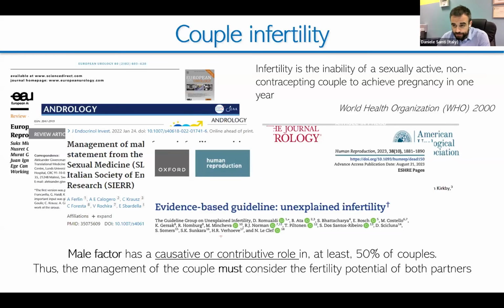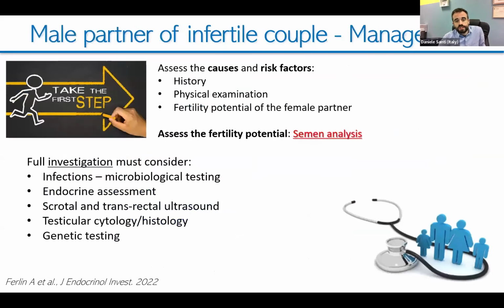However, we have to consider that semen analysis is not our ending point during the diagnostic workup, but just the starting point. It is one of the steps that we have to perform.